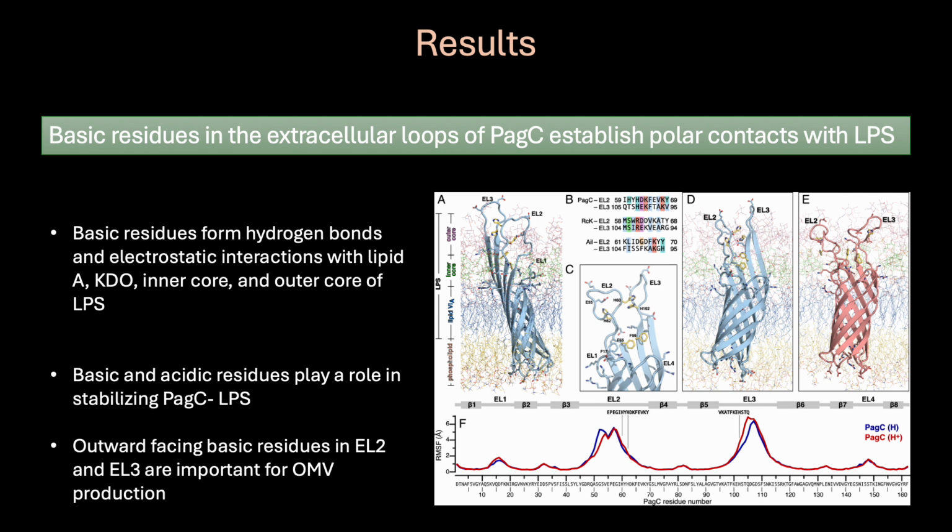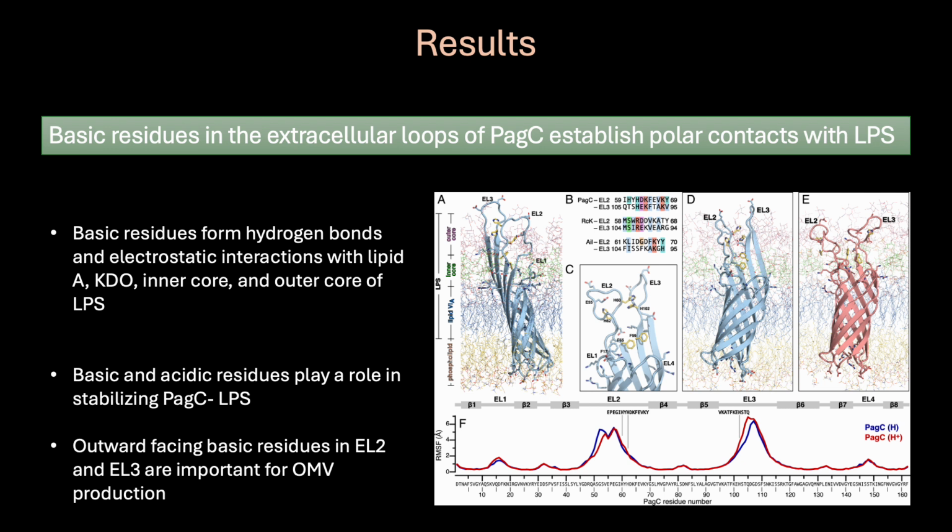So this data showed that there were multiple interactions between PAC-C and LPS. Specifically, they found that basic residues form hydrogen bonds and electrostatic interactions with lipid A, KDO, the inner core and outer core of LPS, and that acidic residues of PAC-C form polar contacts to LPS phosphate groups.